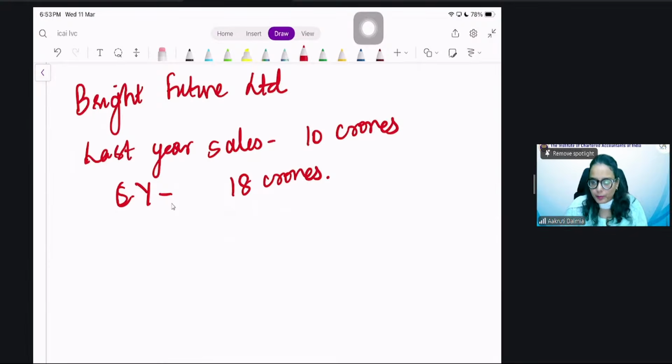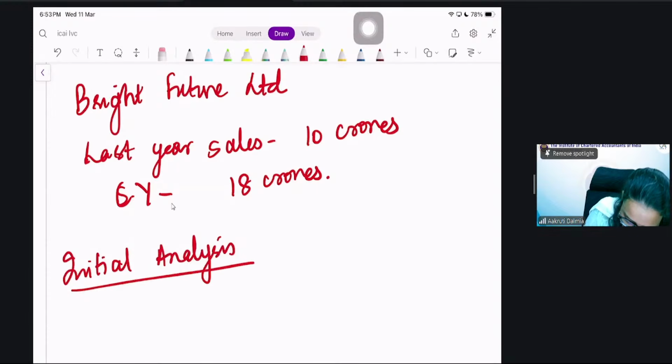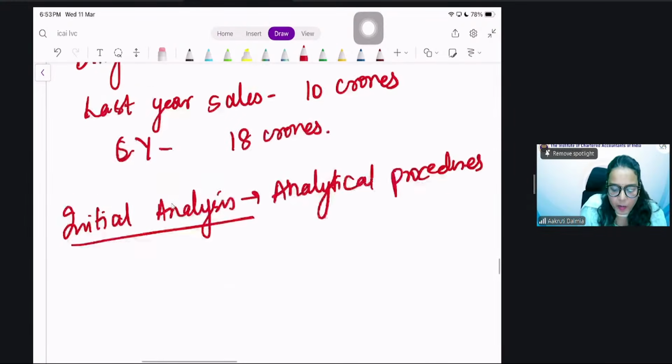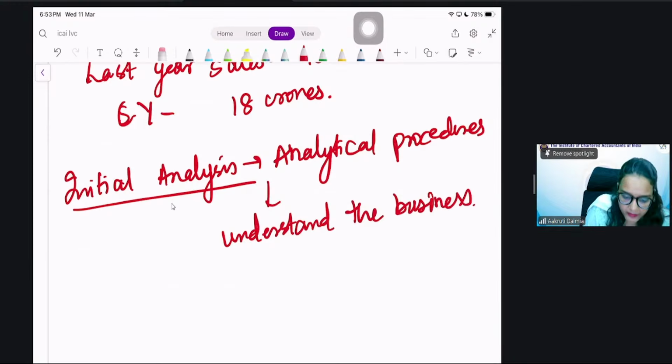So that's a huge jump. How does the analysis begin? So the initial analytical procedure, I am only doing to understand the business.